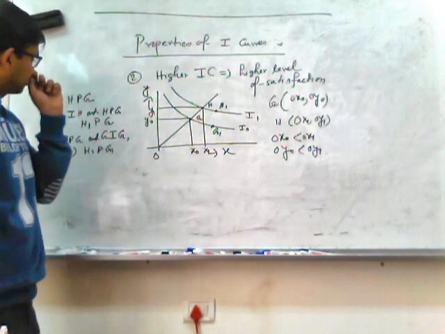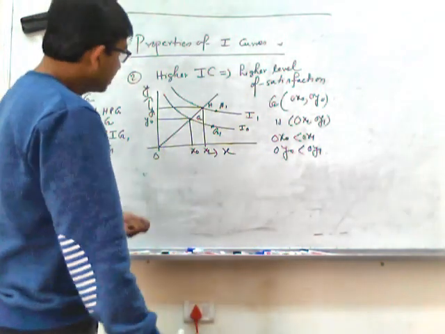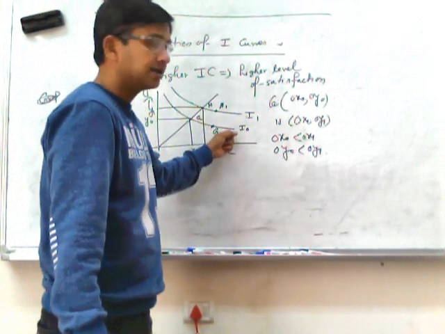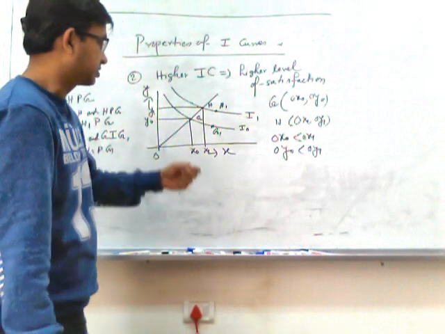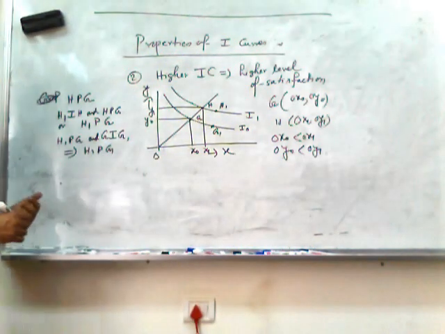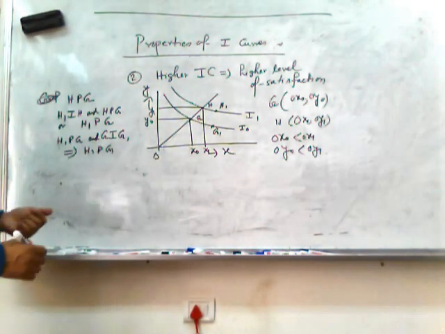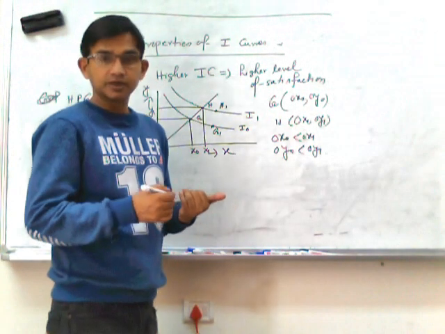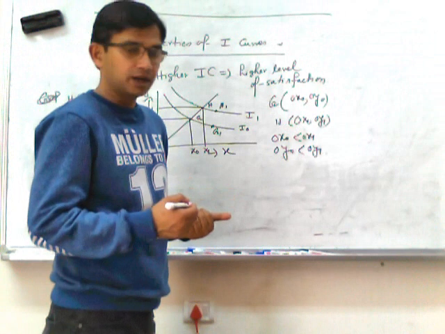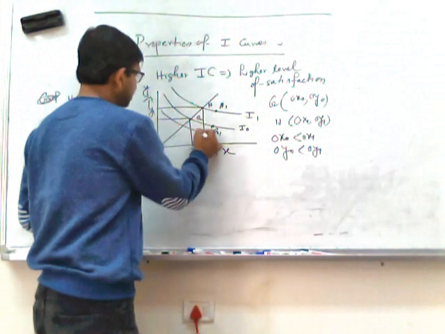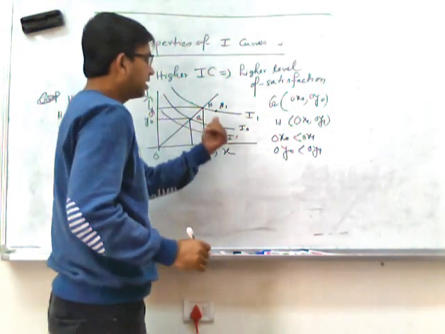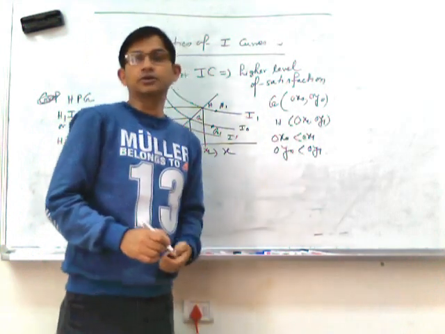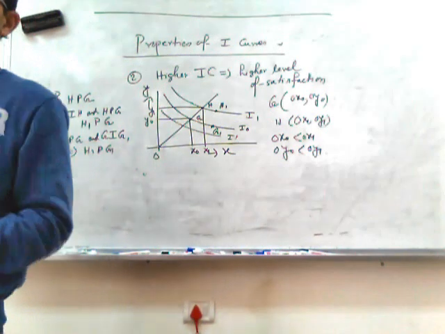So from here we can conclude that any point on this indifference curve indicates higher level of satisfaction than any point on this indifference curve. So higher indifference curve indicates higher level of satisfaction and lower indifference curve indicates lower level of satisfaction. So another curve I dash will represent lower level of satisfaction compared to I0. This is the second property.